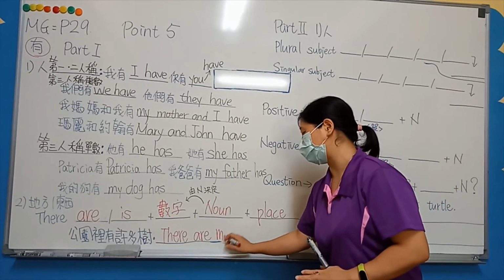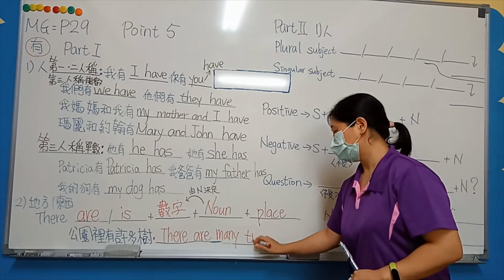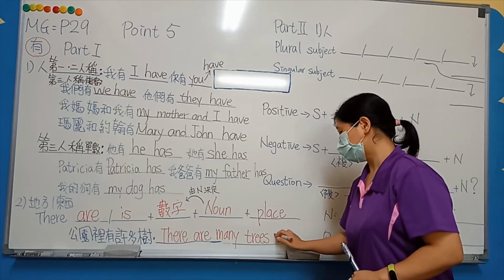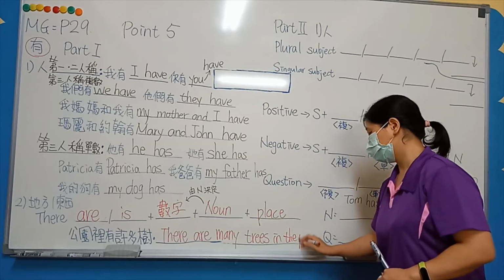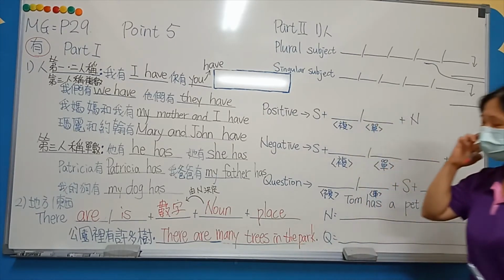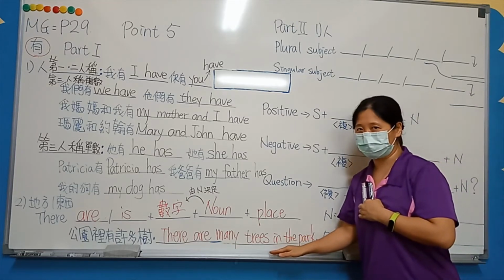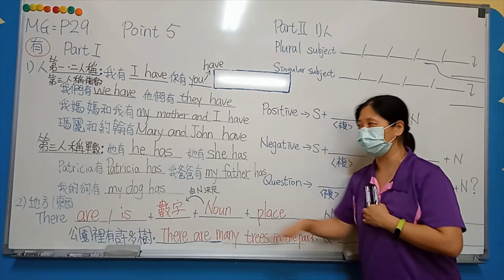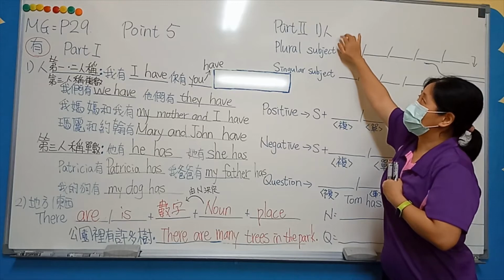Okay, so you need to put down many. There are many trees in the park. So there are many trees in the park should be the answer. So if you have mistakes, check again.